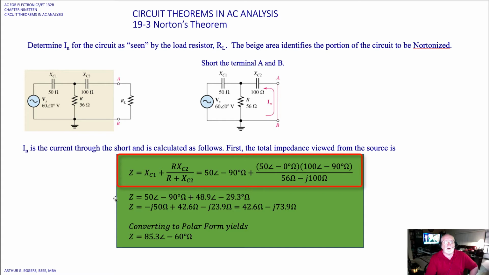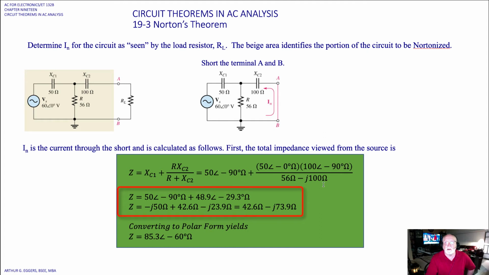So just like before, we do our polar-rectangular conversions to allow us to manipulate and solve this expression. 50 at an angle of minus 90 degrees ohms is unchanged, but we first convert the denominator to polar form and then multiply the terms in the numerator, 56 and 100, and carry the angle through, minus 90.